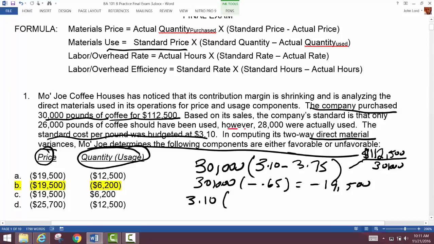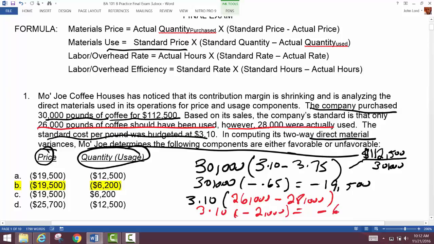However, 28,000 pounds of coffee were used, and 26,000 pounds should have been used. So that's the standard, isn't it? So 26,000 minus what they actually used, 28,000. So that's 310 times a negative 2,000. What that gives me is negative 6,200.